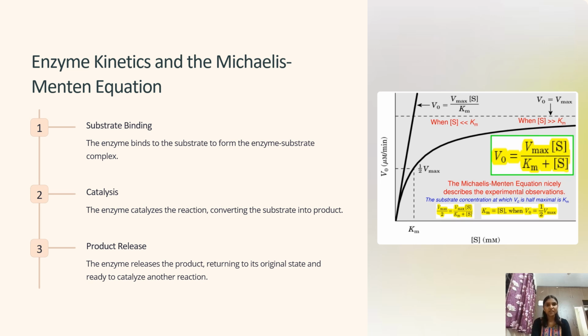Substrate binding is when the enzyme binds to the substrate to form the enzyme substrate complex. Catalysis is when the enzyme catalyzes the reaction, converting the substrate into the product. And product release is when the enzyme releases the product, returning to its original state and ready to catalyze another reaction.